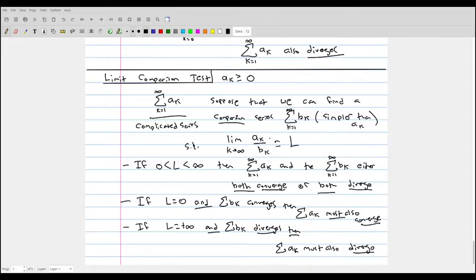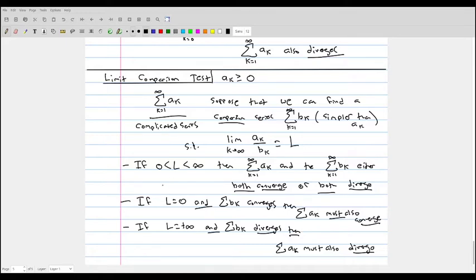So if bk diverges and bk is growing much slower than ak as k gets larger and larger, this series blows up. A similar argument can be made for the case of L equals 0. If L equals 0, then this limit is going to 0, so the bk series is growing much faster than the ak series. So if the bk converges, that also must imply that the ak converges as well, because ak is growing slower than bk in the second case here.